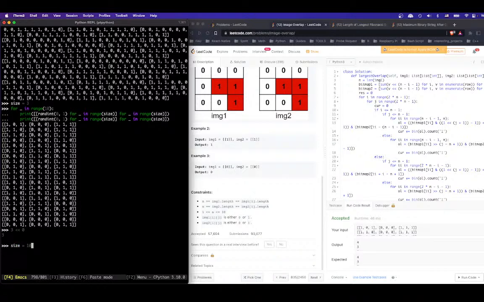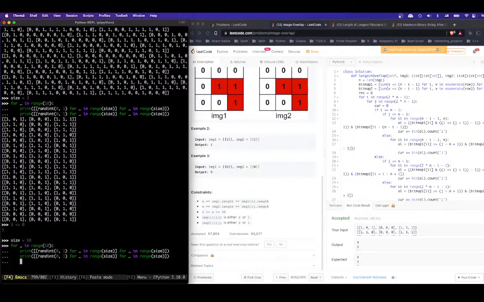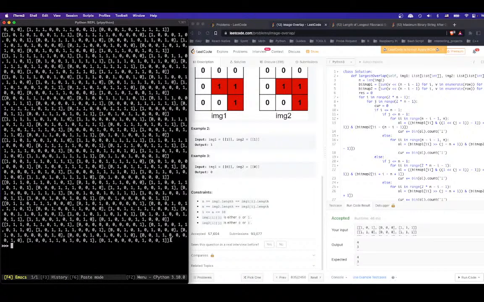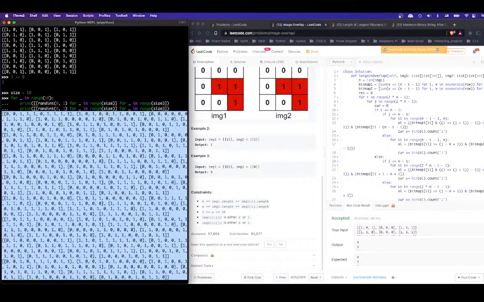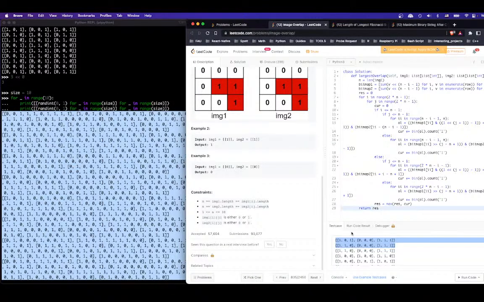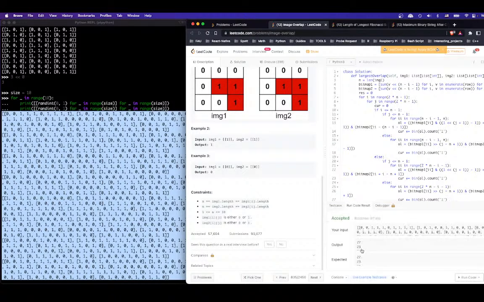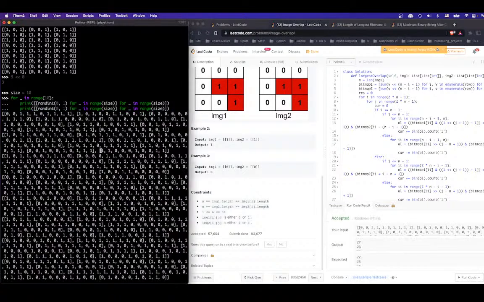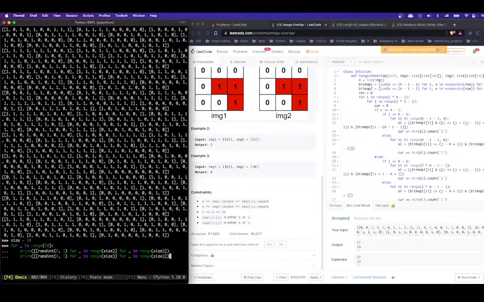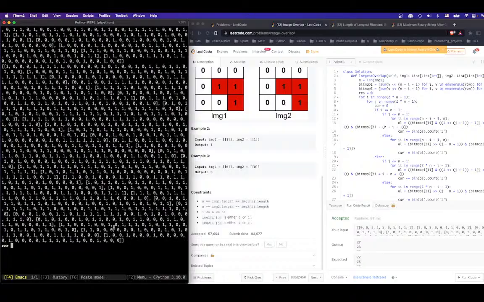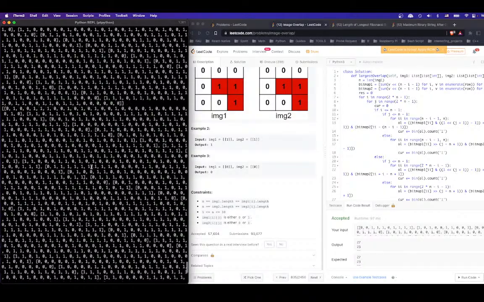Okay, let's do size equals 10. So go back to size 10. Try it. Okay, last one. Size 30. So this is the ultimate.